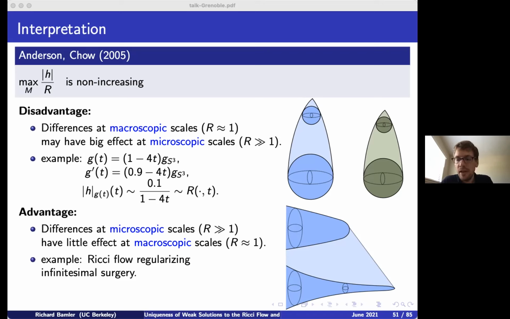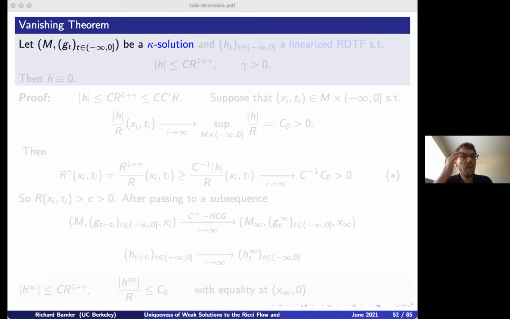So first of all, let me again focus on the linearized Ricci-DeTurck flow. And it turns out what's going to be very useful is to prove what I call a vanishing theorem on kappa solutions. So here's the vanishing theorem. It's a quite quick statement. Let me consider a kappa solution. Recall that's a cylinder, a Bryant soliton, a sphere, or Perelman's ellipsoid.